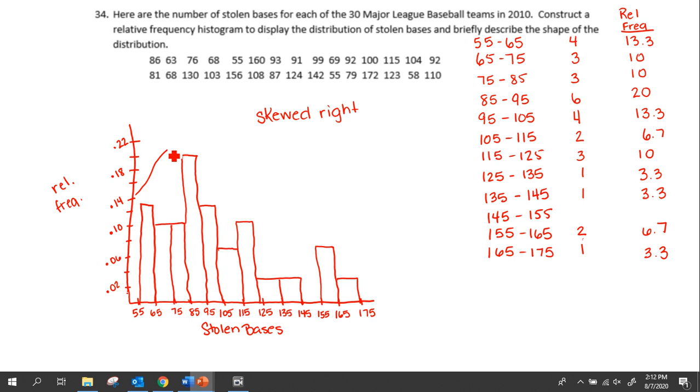So if you draw your curve over, you can see how the tail goes to the right, and it's unimodal. There is a gap between 145 and 155, but that's okay because it doesn't keep going up after that. It goes up for one and then back down, so we don't count that.